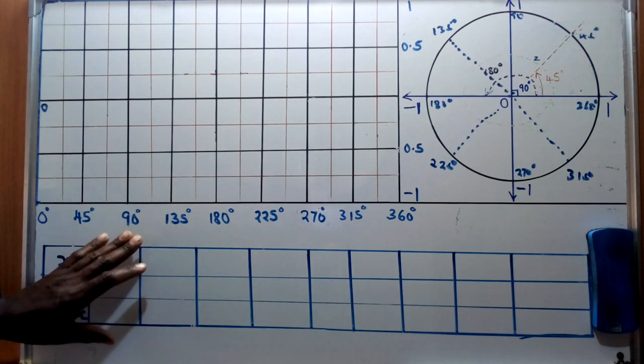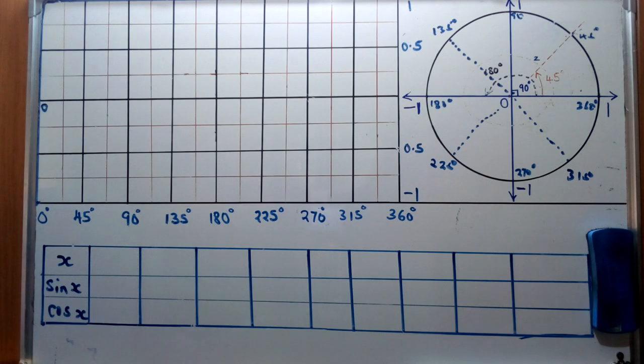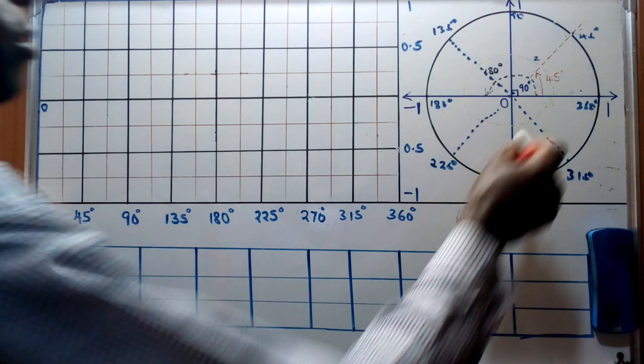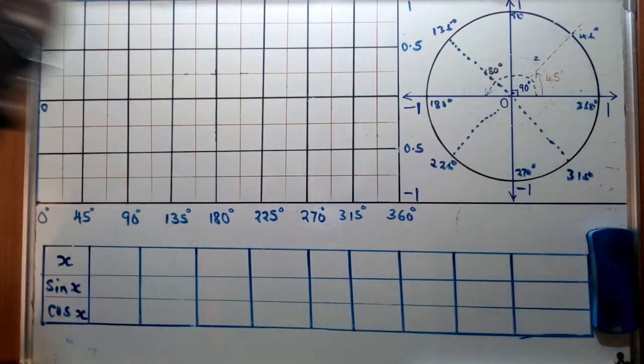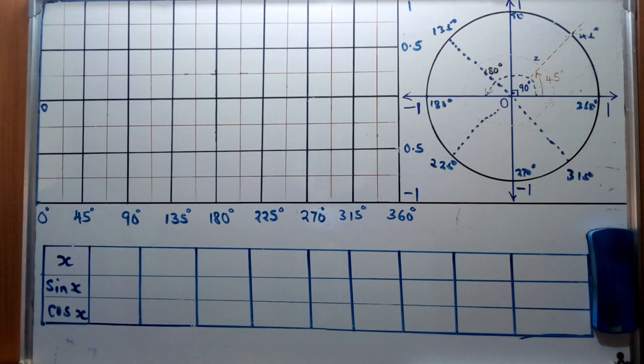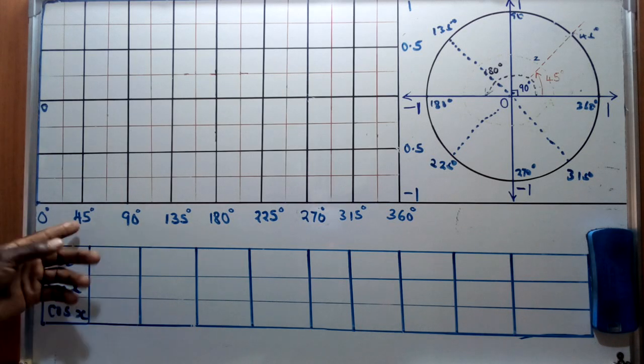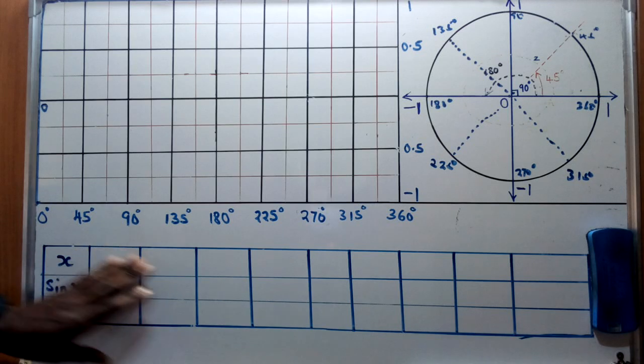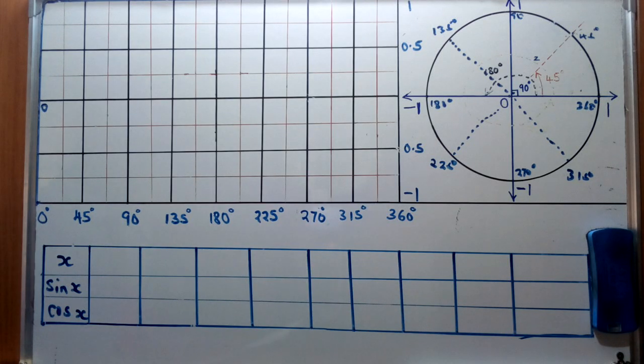Now, as we proceed, we're going to see that for two angles that differ by a multiple of a full cycle, which is 360 degrees, the values of their trigonometric functions for the sine and the cosine of theta or x are going to be the same. So that's going to be elaborated when we complete this specific graph that I've drawn on the lower part of the board.